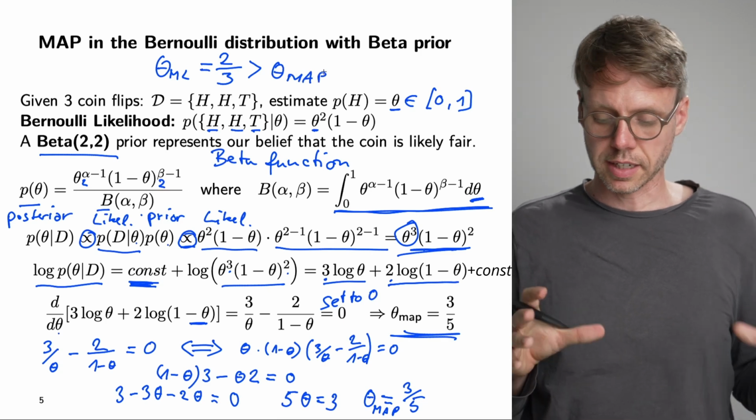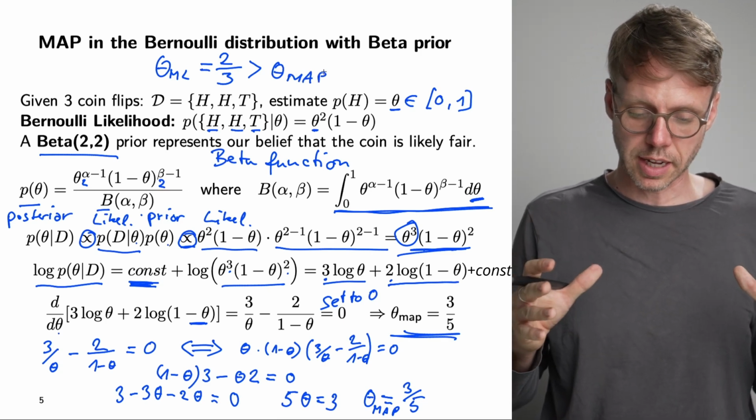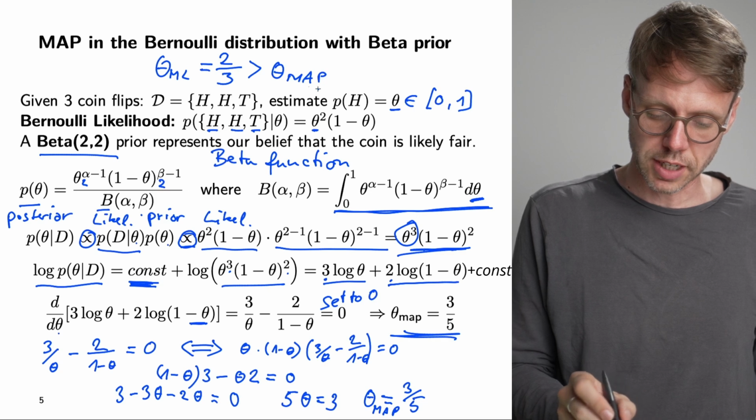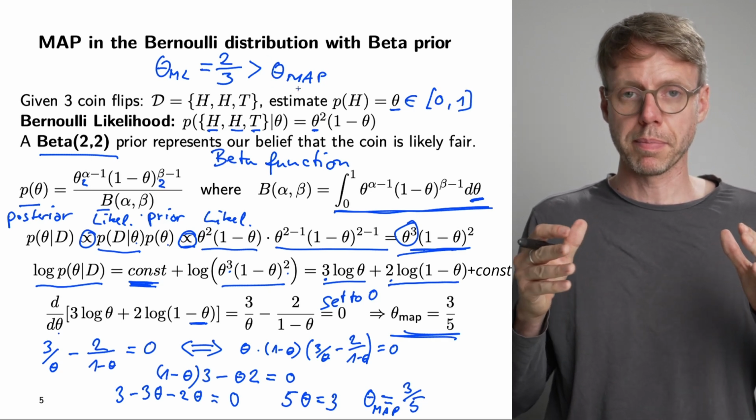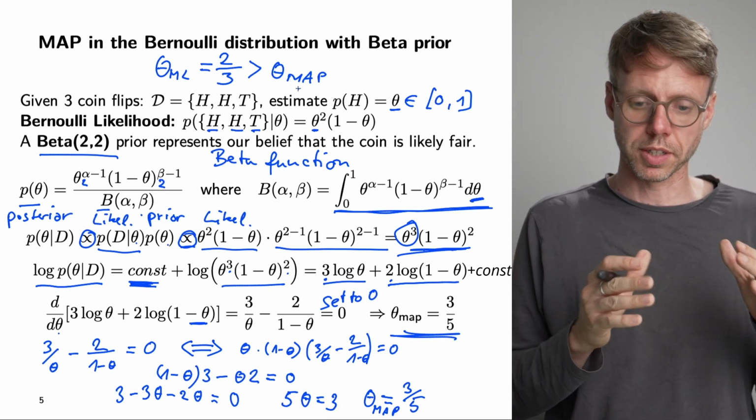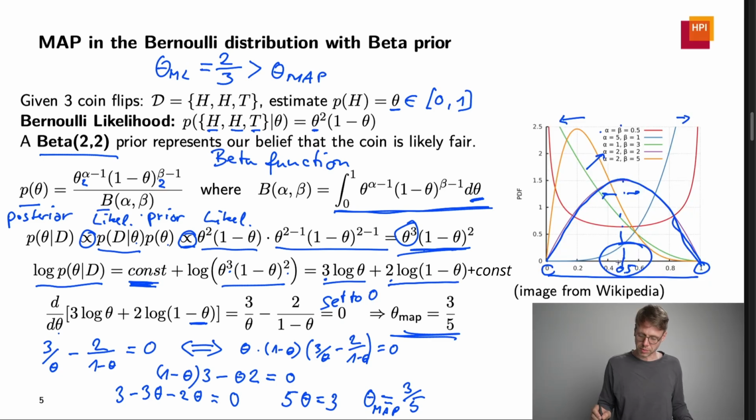So we see that the prior in this case pushes the MAP estimate more towards the high density region in our prior, so closer to 0.5 in this case.